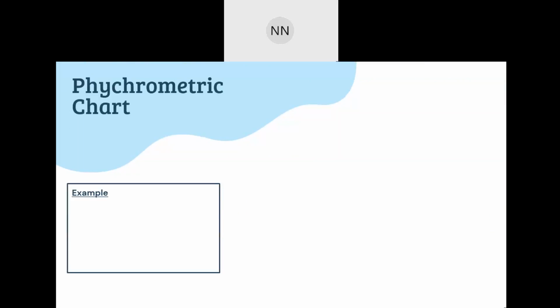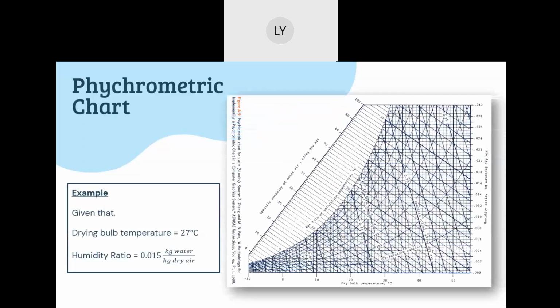All right, so now I would like to introduce how to draw the psychrometric chart. Now we look at an example. Given that the dry bulb temperature is 27 degrees Celsius and the humidity ratio is 0.015 kilogram water per kilogram of dry air.